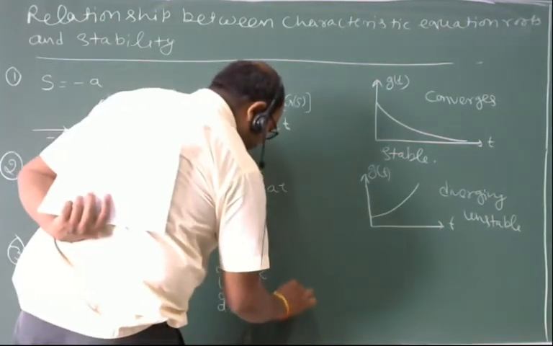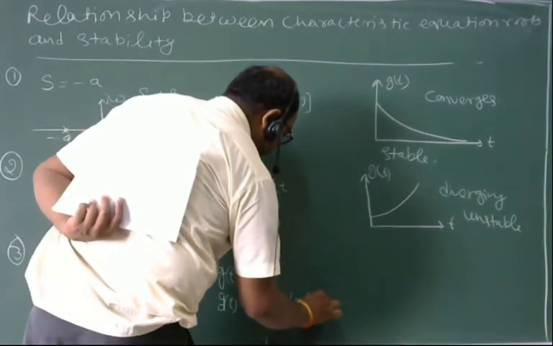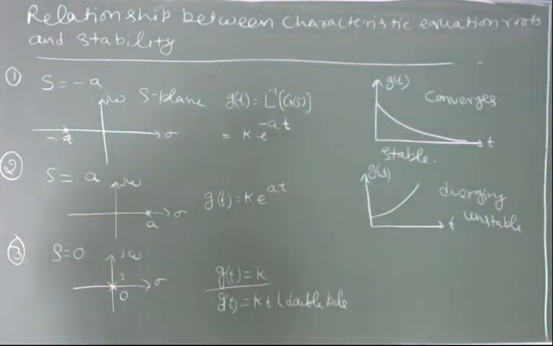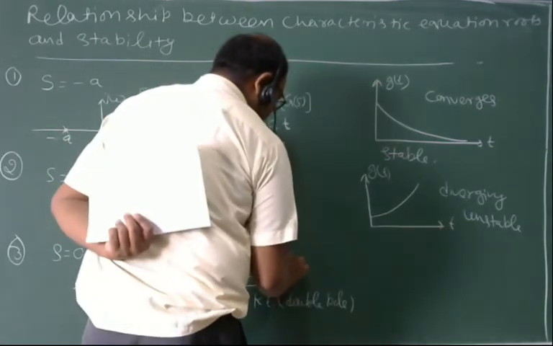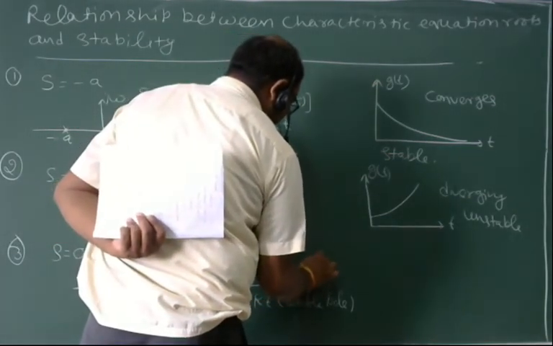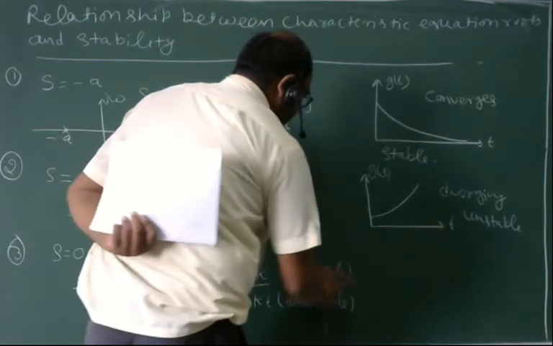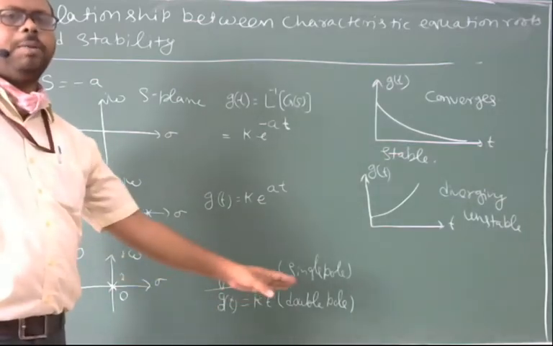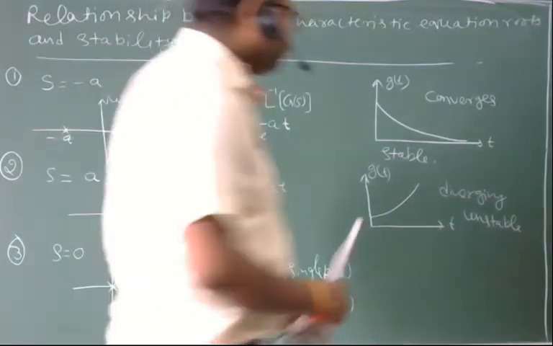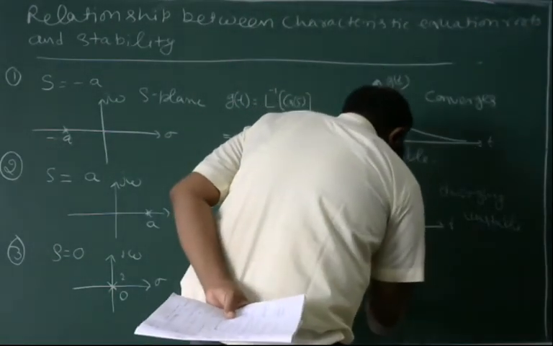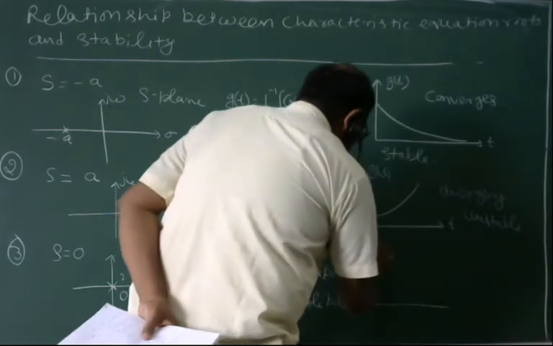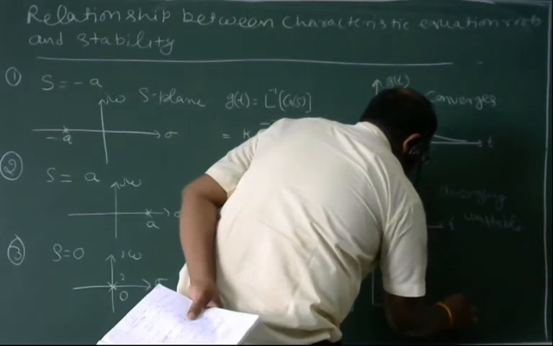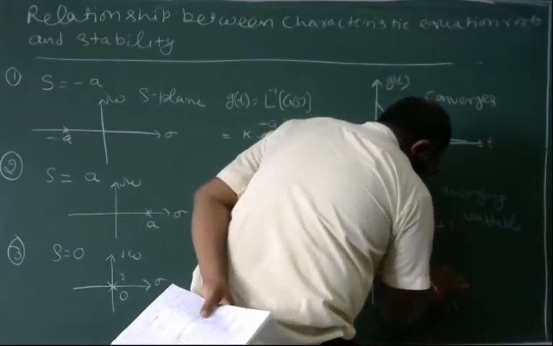This is the case of double pole, and this is the case of single pole. Single pole at origin, then g(t) will be equal to K. Double pole at origin, then g(t) will be equal to Kt. In the first case, in case of single pole, the graph will be like this, a constant line.